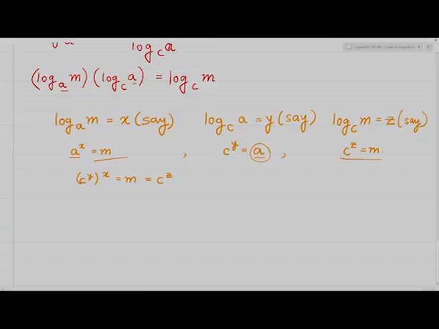Okay. If this is the case, then what I am essentially saying is, using laws of exponent, c raised to xy is equal to c raised to z. What does that mean? That means xy is equal to z. Why?